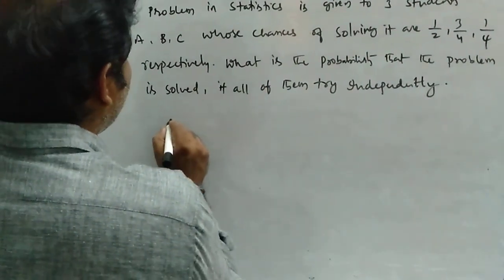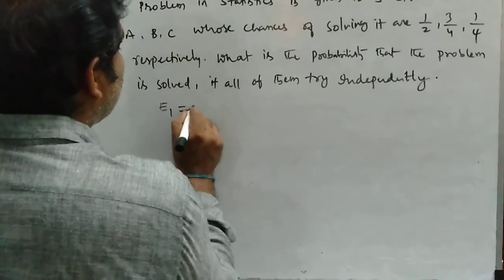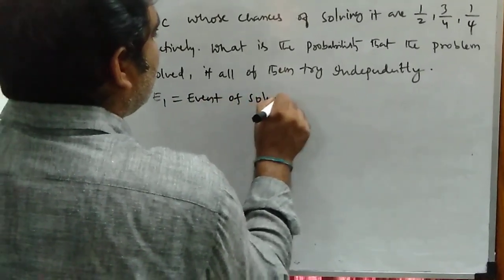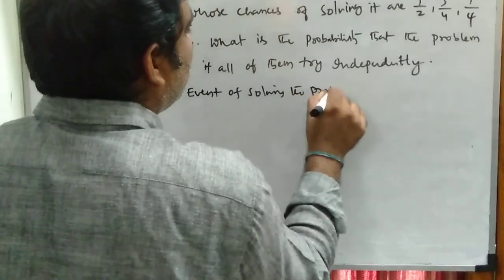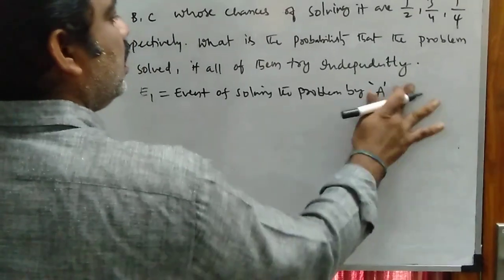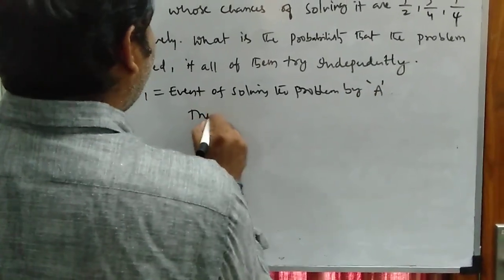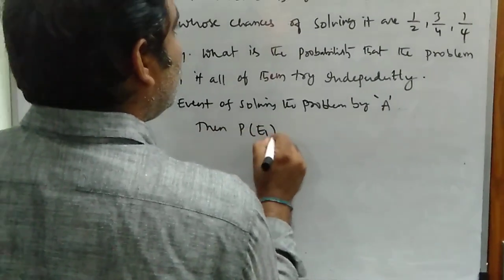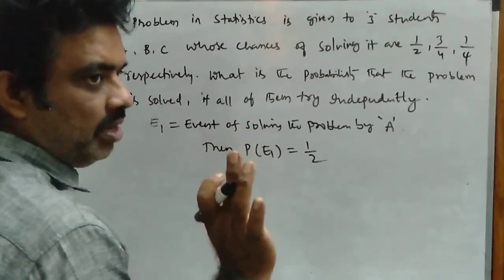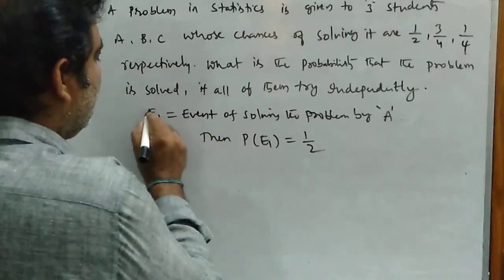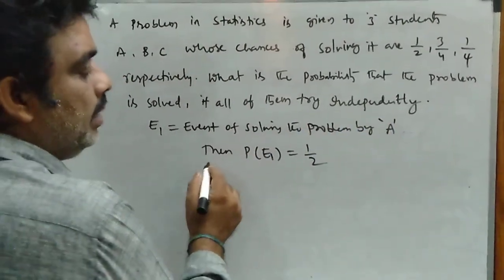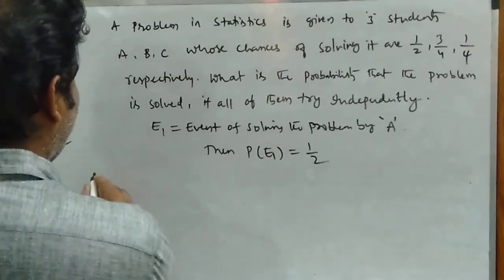Suppose, first I have to define the events. Let E1 be the event of solving the problem by candidate A, then P of E1 is equal to 1 by 2.